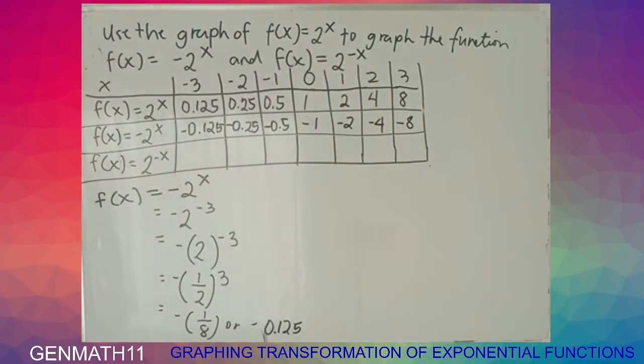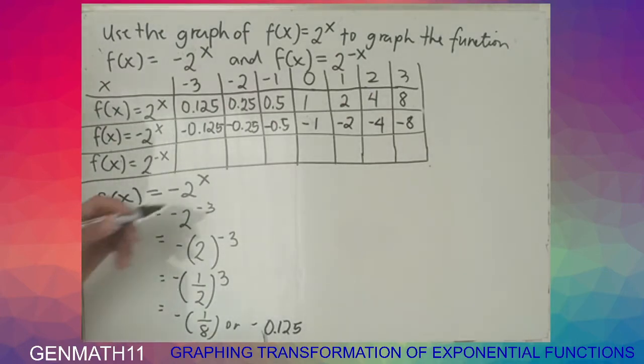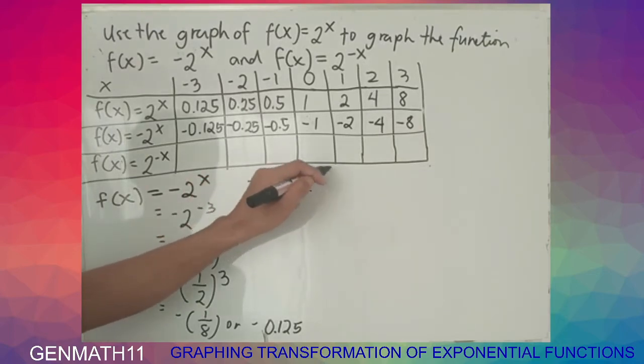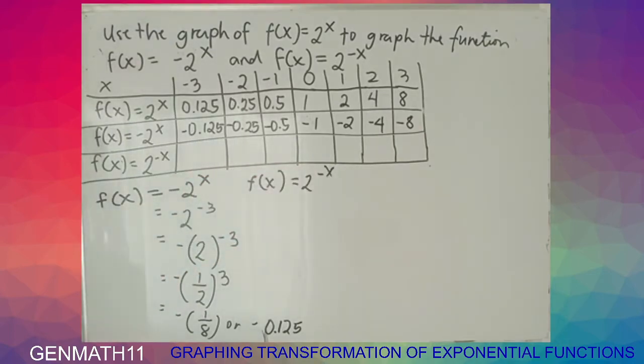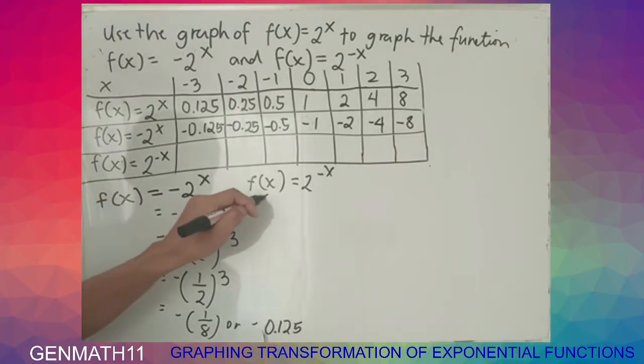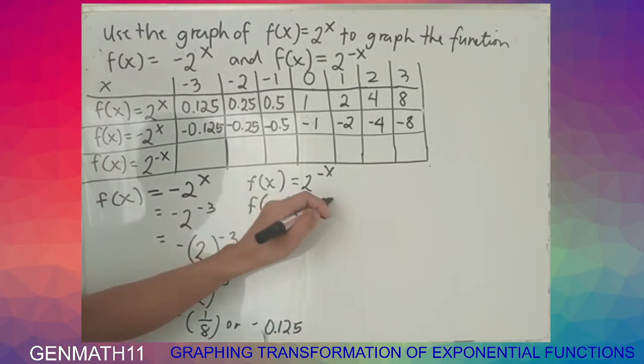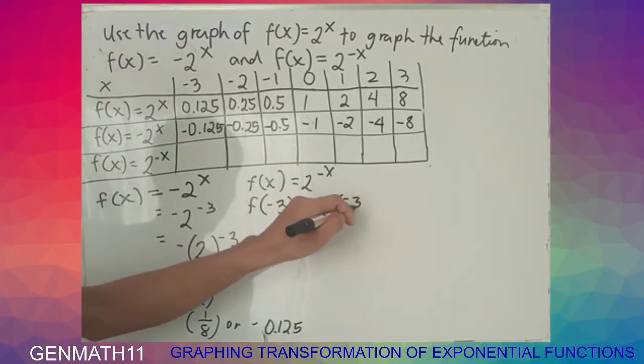Okay, next is f of x equals 2 to the negative x power. We just substitute the values of x. Let's start with negative 3. So 2 raised to negative times negative 3.